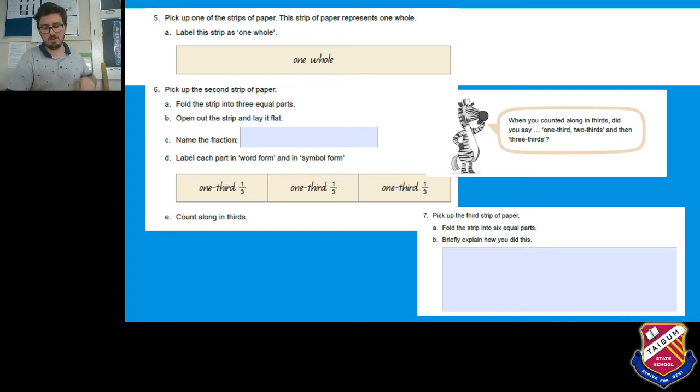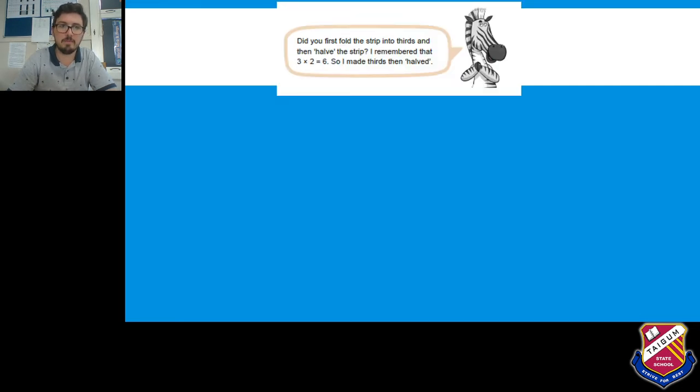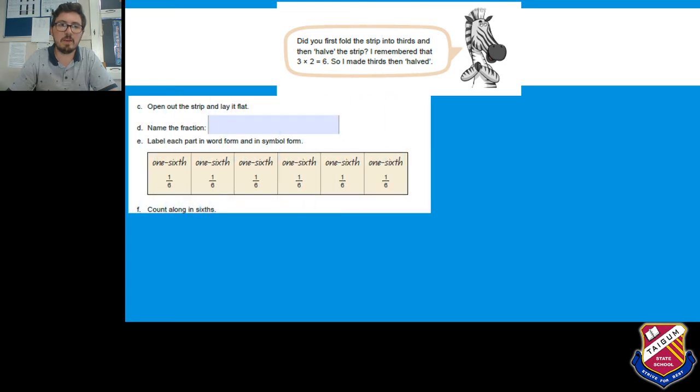So if you needed to skip ahead because you had trouble doing that, I want you to now pause the video, go to 7b and explain how Mr. G folded that into sixths. Okay, now I want you to name the fraction. So go to 7D and name the fraction.